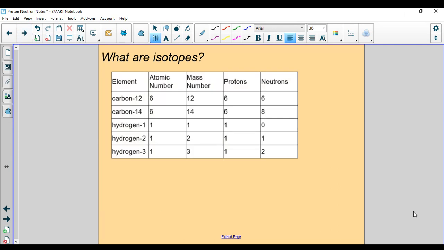Let's look at some data that helps us compare. Carbon-12 is a version of carbon where its atomic number is 6, giving us 6 protons, and its mass number is 12. So protons subtracted from the mass number gives us 6 neutrons. This is probably the most common version of carbon. You may have also heard of carbon-14, though.